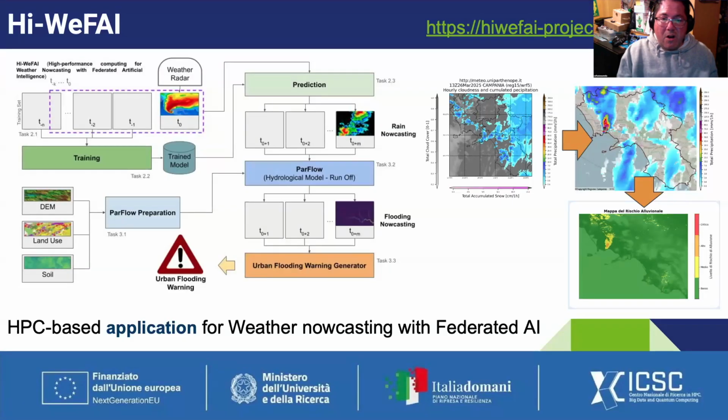For each one of these weather radar data, we compute the runoff, that is basically the amount of water that's ready to be moved on the land surface after absorption and other phenomena. And then we compute the flooding using the D8 model.